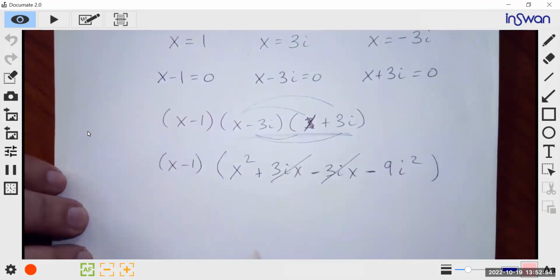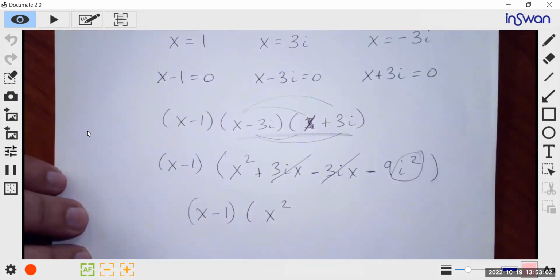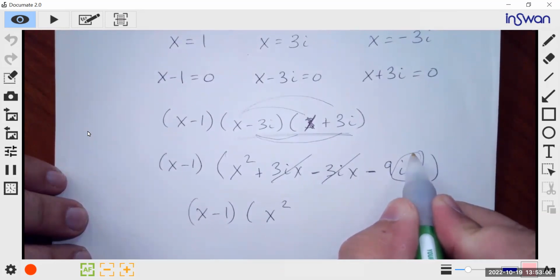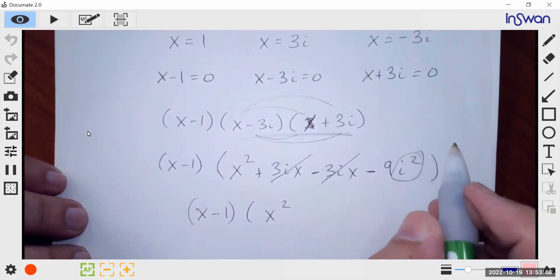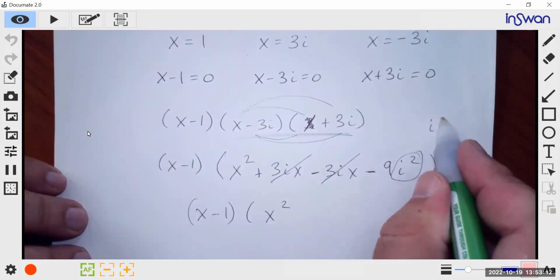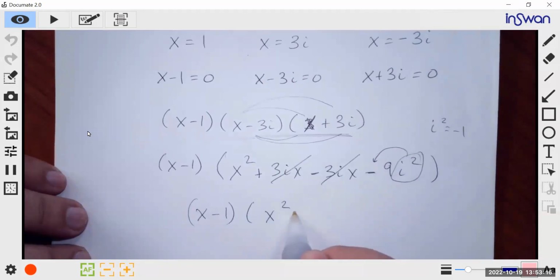The 3ix terms cancel. i squared becomes what? What does i squared equal? Negative 1. It changes the sign in front of it.